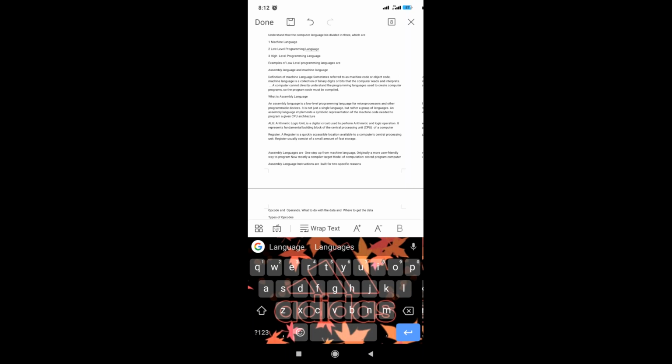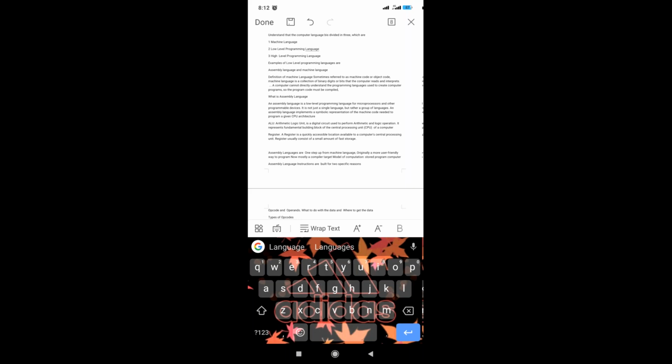Assembly language, take note of it. The first thing you should take note of is that it is a low-level programming language. Secondly, it is a language that is used for microprocessors. Your systems are made up of processors and microprocessors.